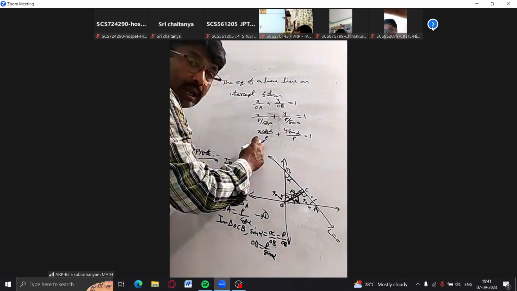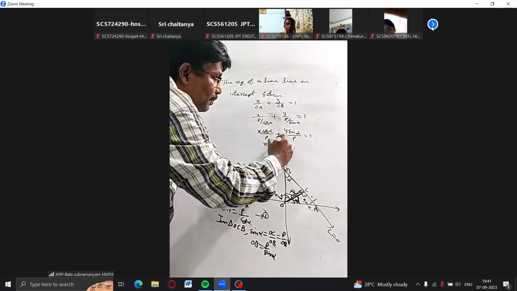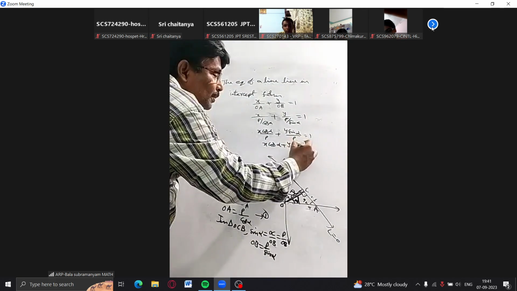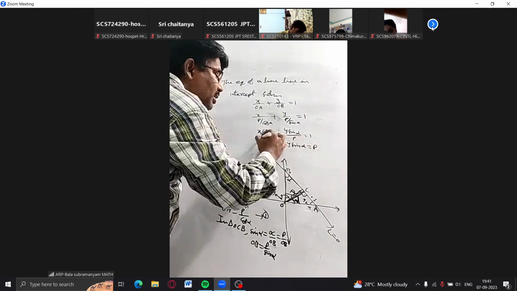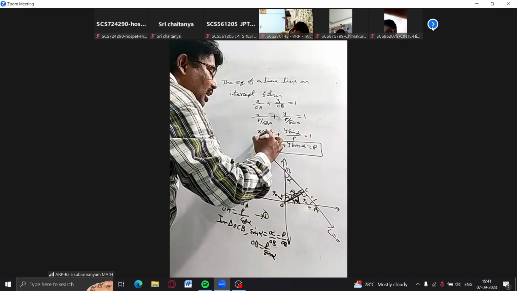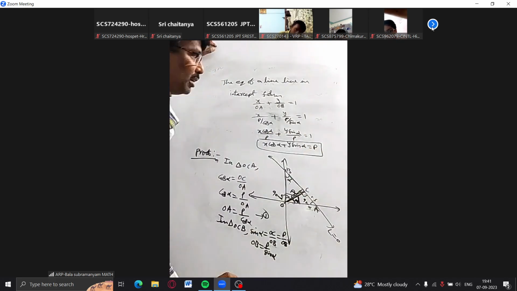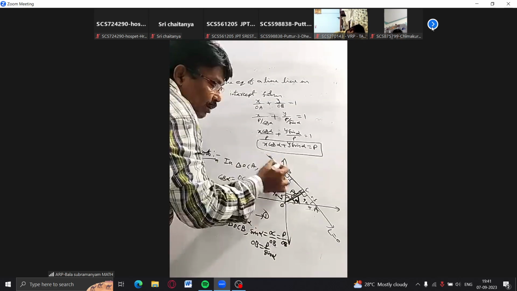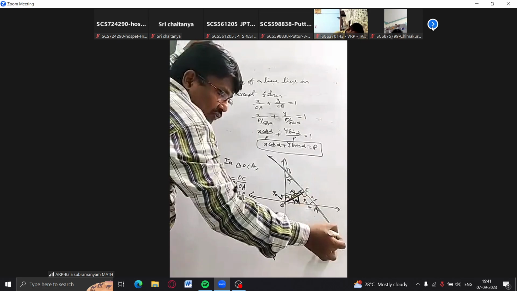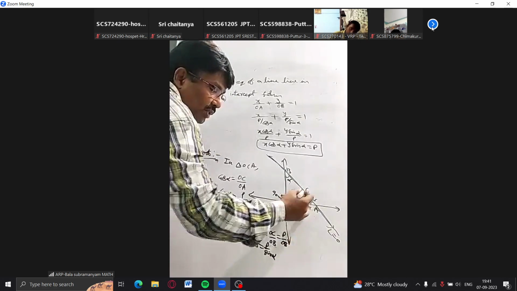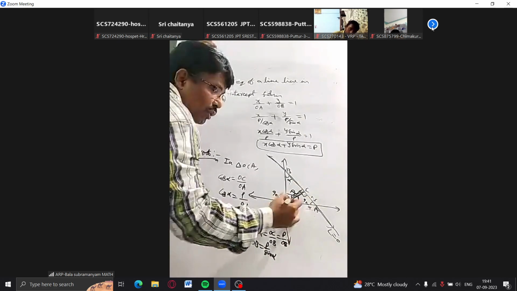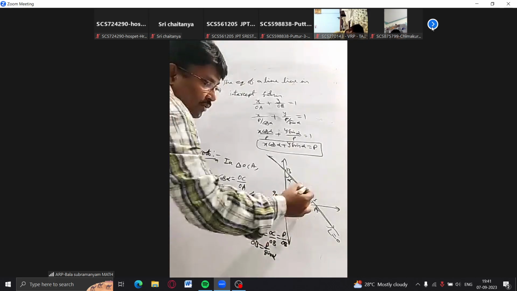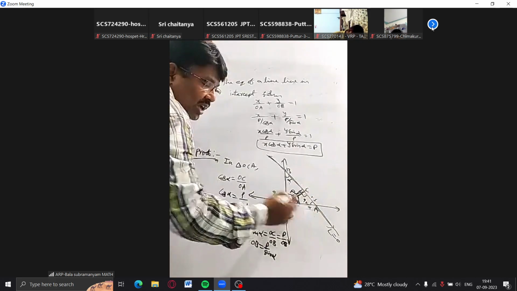P gets cancelled. x cos alpha plus y sin alpha is equal to P. This is the normal form of a straight line, at a distance P from O to C, which makes an angle alpha with the positive direction of x-axis.